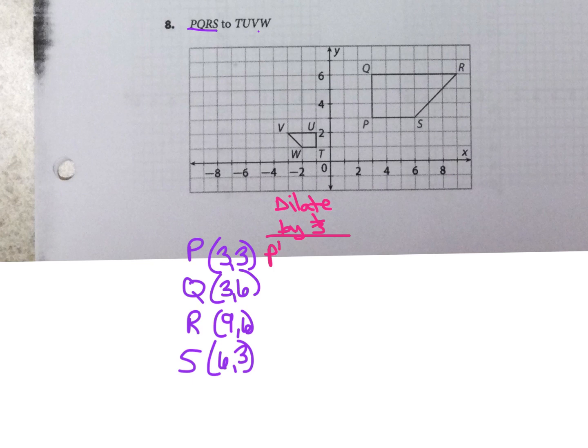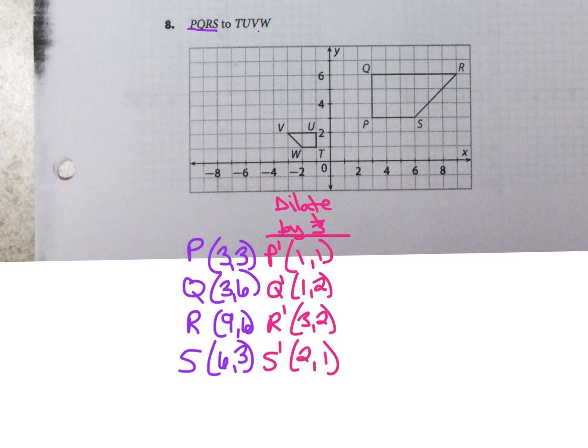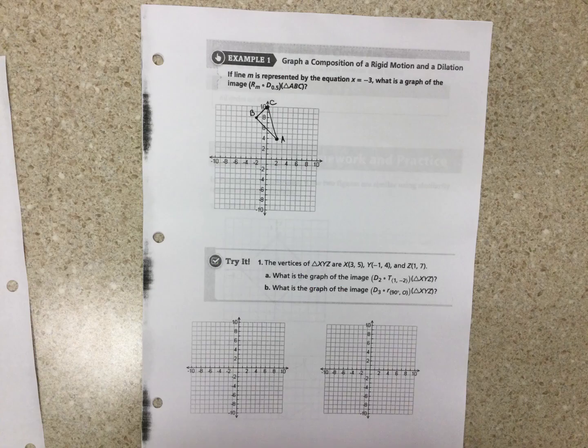So P prime would be 1, 1. Q prime would be 1, 2. R prime would be 3, 2. And S prime would be 2, 1. All right, so I've got all my points plotted, and then I can easily see that all I need to do is reflect over y.